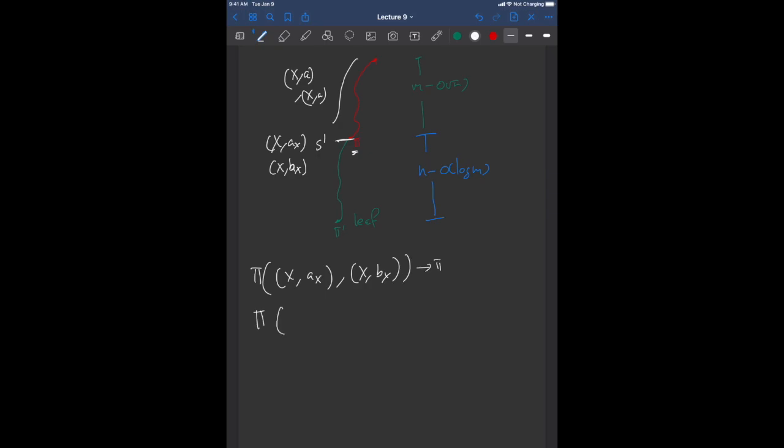And if we run the protocol with y, we would just give it its vector yay and yby, we would reach pi. And the simple rectangle property would tell us that xax and yby is also in the rectangle of pi.